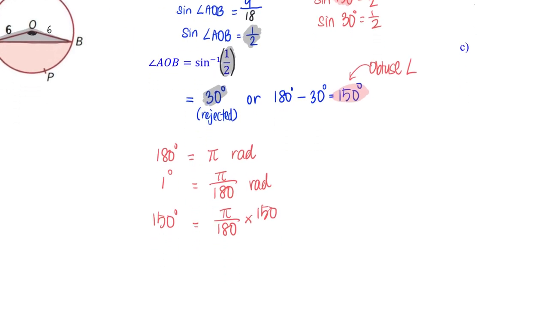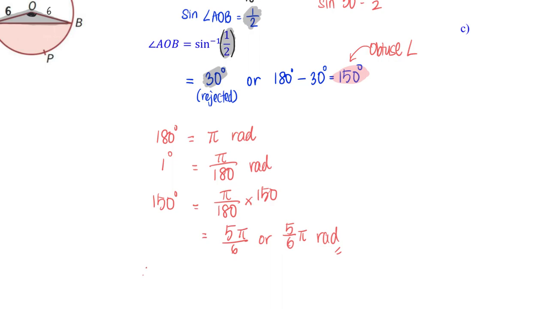But then you will have to see what is 150 over 180. You will get 5 pi over 6. Or you can also write 5 over 6 pi. Both is fine. And that will be my angle, obtuse angle AOB.